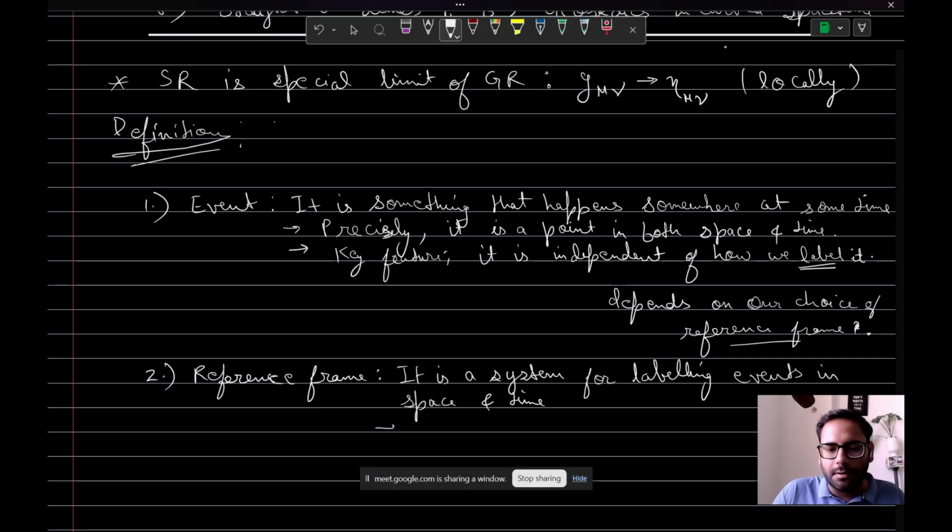Don't worry about my writing; I will give you proper LaTeX notes. Or you can say you should have a clock plus a set of coordinates, or coordinate axes, tied to a particular observer.